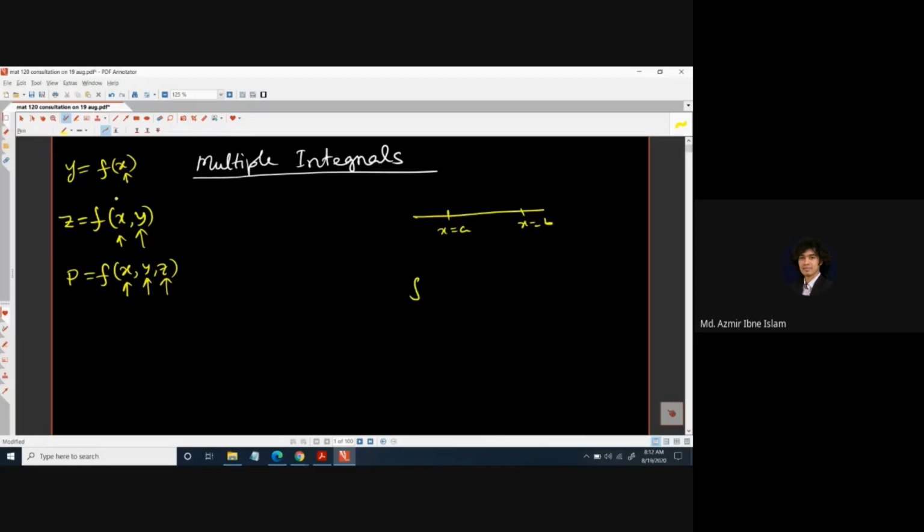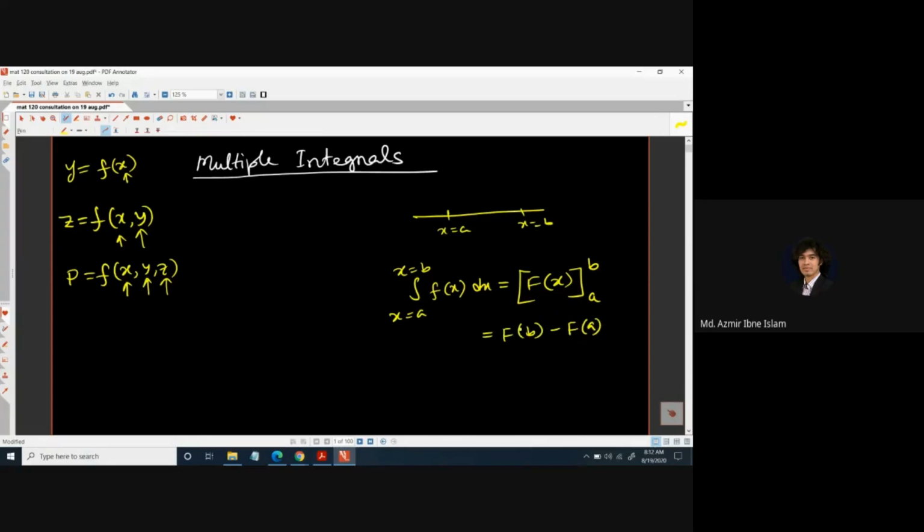That means from a to b, f of x dx, we know the result, that is the antiderivative, capital F of x. So upper limit b, lower limit a. Now the fundamental theorem of calculus says that it will be F of b minus F of a.